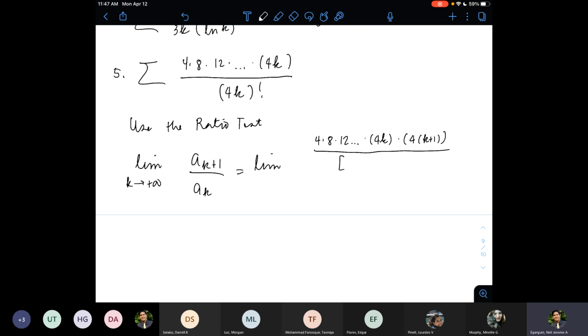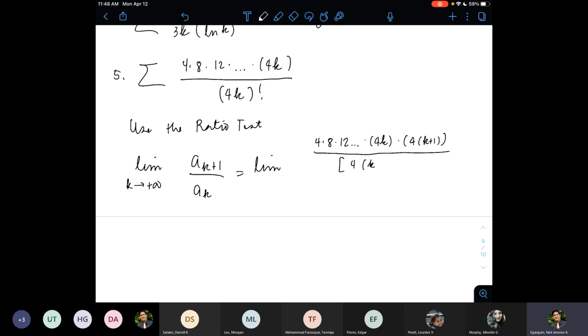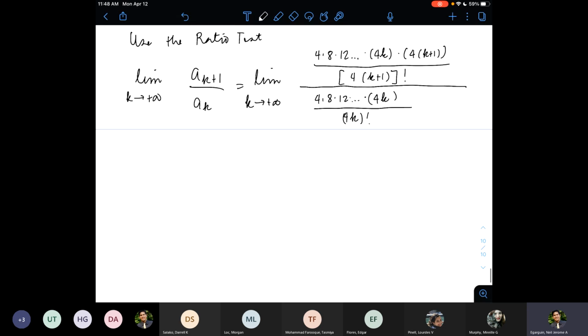Be careful here. All k's will be replaced by k plus 1. So I'll have 4 times k plus 1 factorial. Because 4k is inside a factorial, this guy will have 4 times k plus 1 inside a factorial, all over the nth term. So I'll have 4 times 8 times 12 until 4 times k, all over 4k factorial, and take the limit as k approaches infinity.